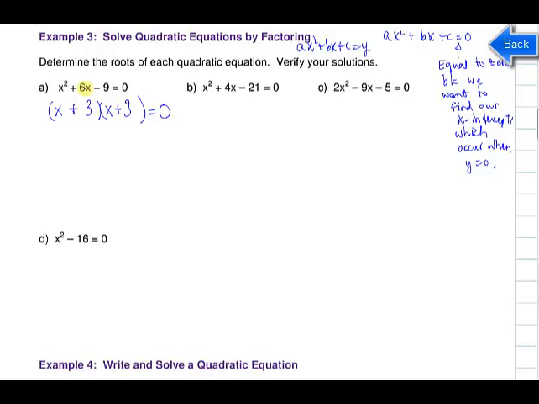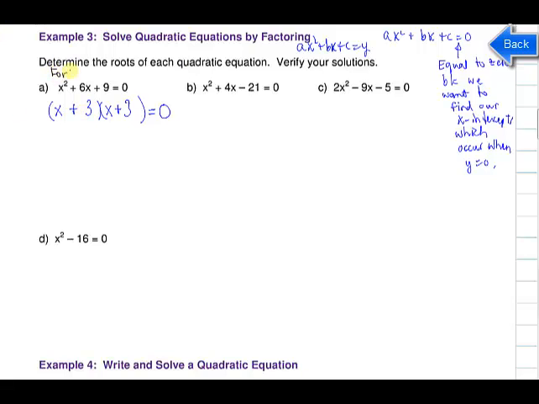Now, in order for this quadratic equation to be true, one of these factors has to be equal to 0 in order for this whole statement to be true. Okay, so I'm going to write that down.